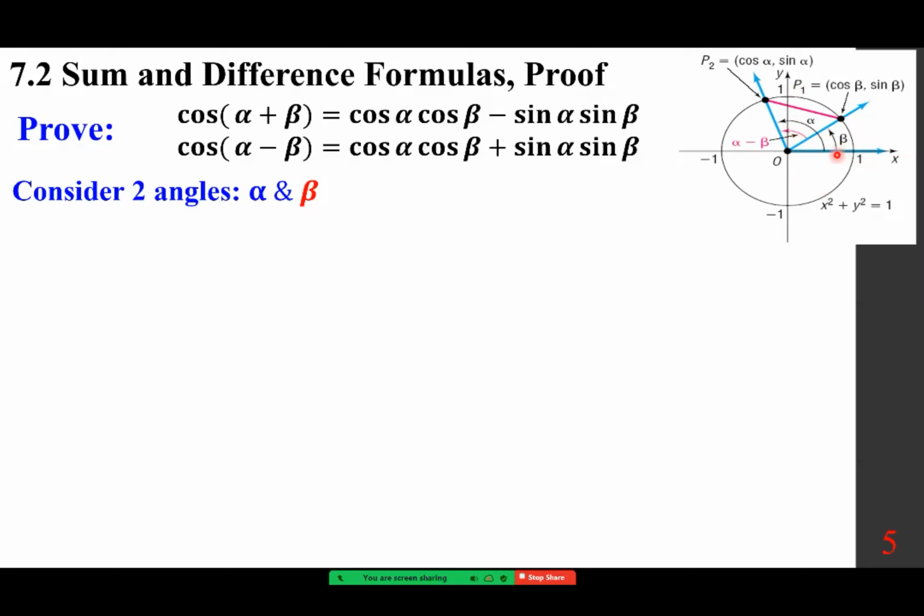Now, we use beta such that in both cases, the initial side is along the x-axis. So we have the coordinates here, 1, 0. We have the coordinates here, cosine beta, sine beta. We have the coordinates here, cosine alpha, sine alpha.